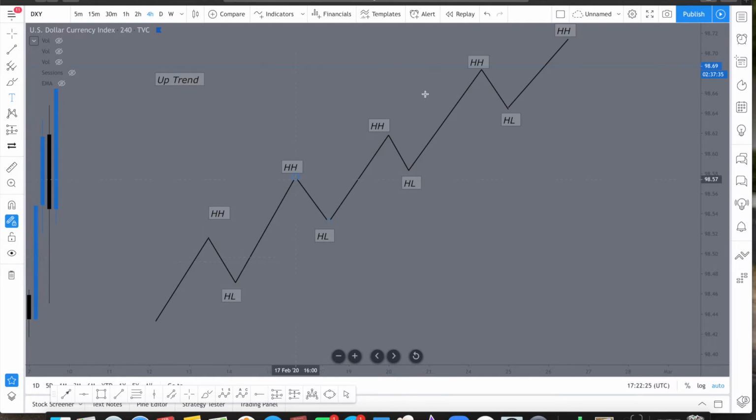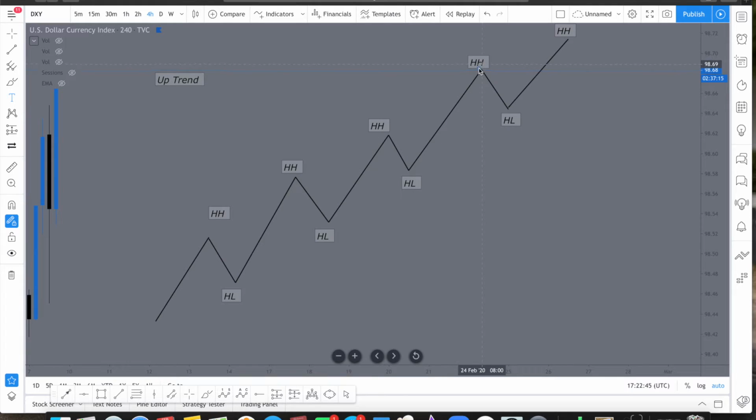Here we have an uptrend. This is how an uptrend is formed. It creates a higher high, higher low, higher high, higher low, and so on. The reason this is called a higher high is because it's higher than the previous high.